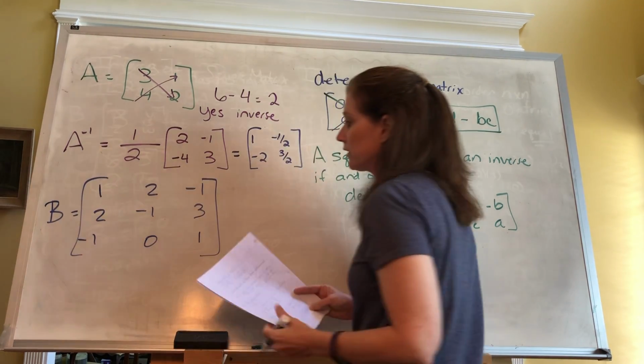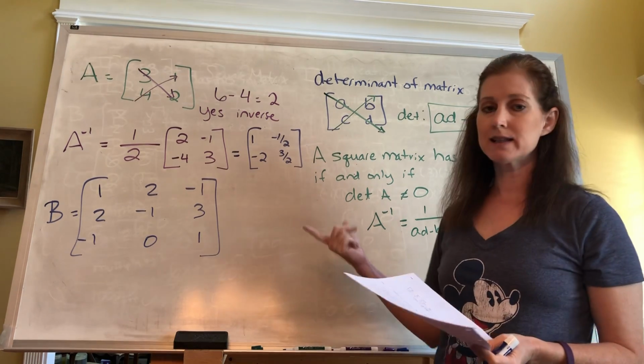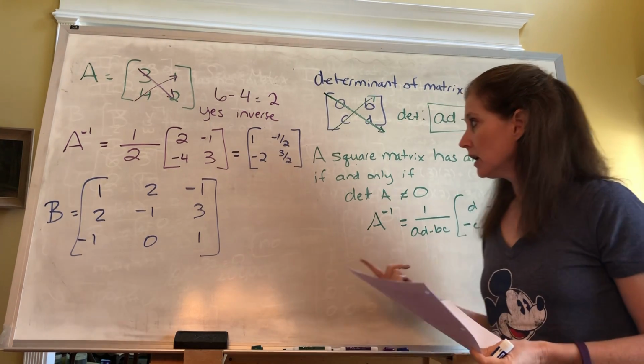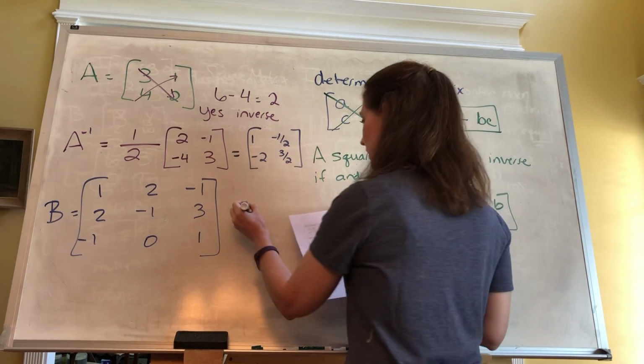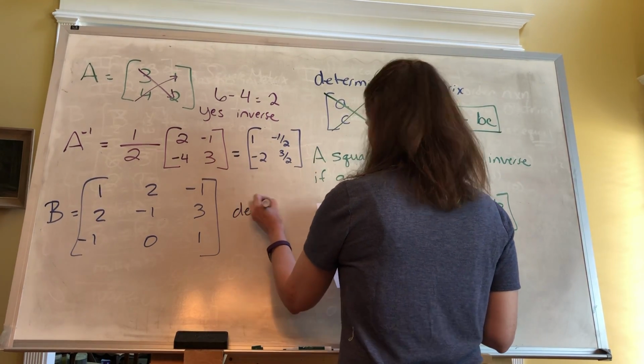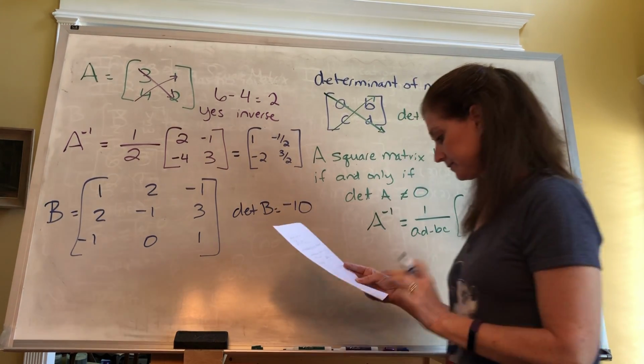Okay, so we have a 3 by 3. We can find the determinant of B, like I said, put it in your calculator. And the determinant of B comes out to be negative 10.